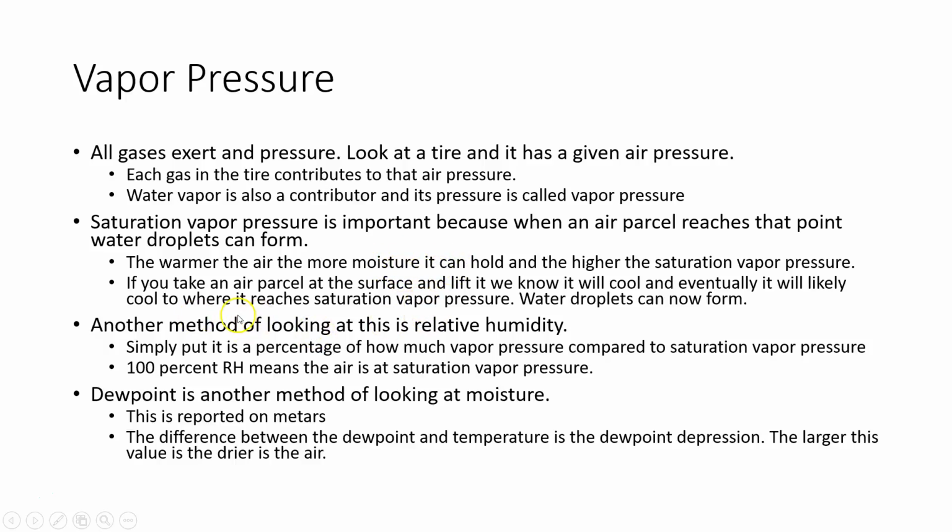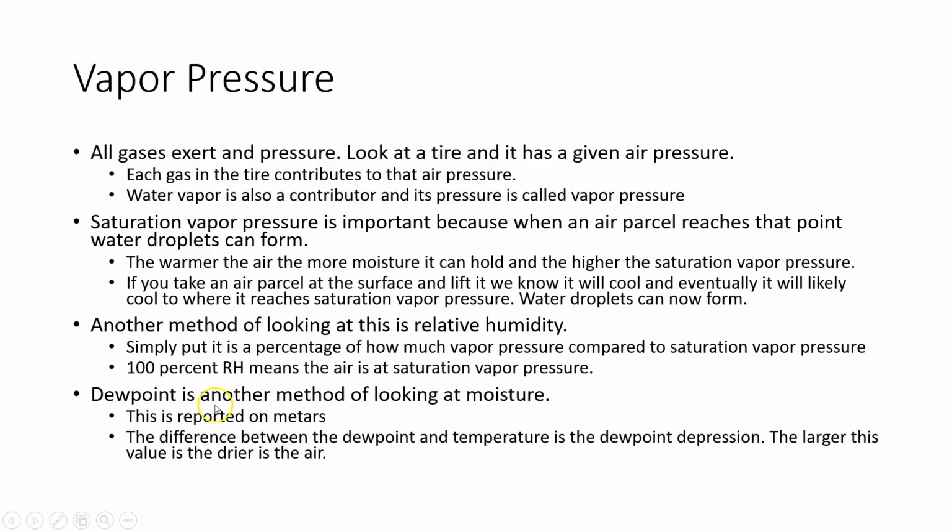So another way of looking at all this is relative humidity. You've all heard it. If you have 100% relative humidity, the air is saturated. It has reached its saturation vapor pressure. If it's less than 100%, it has not reached that saturation vapor pressure. The drier the air is, the more moisture that air can hold, and therefore the further away from condensation it is.